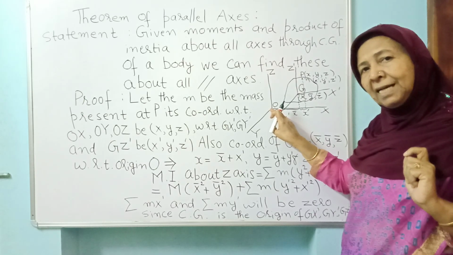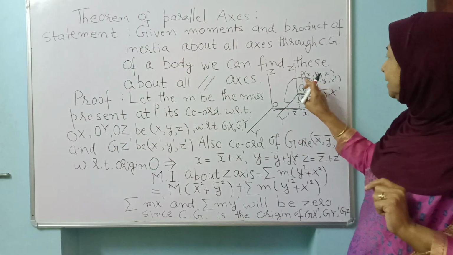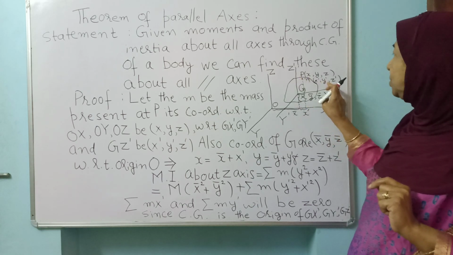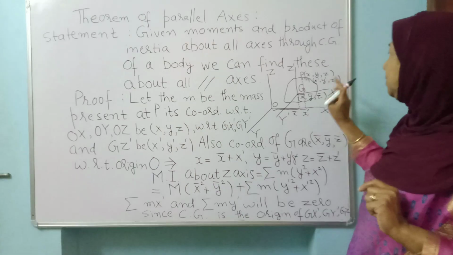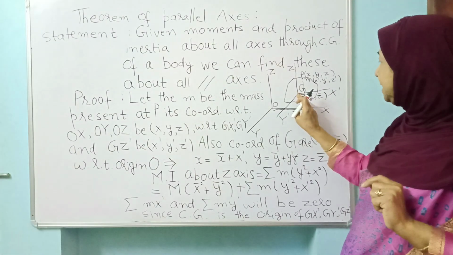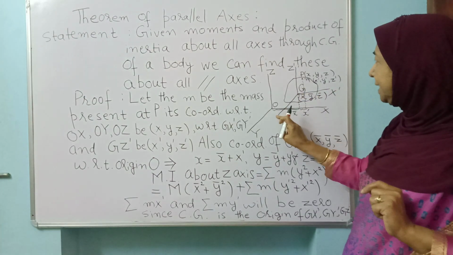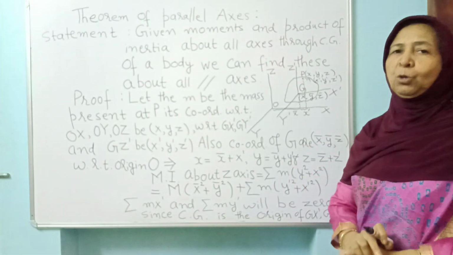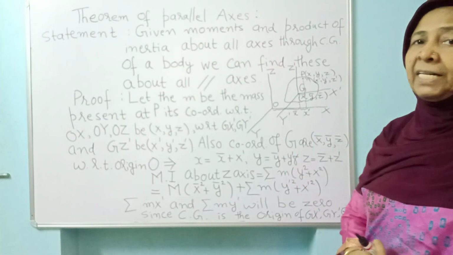What else? Let us assume that the coordinates of P are x dash, y dash, z dash with respect to gx dash, gy dash, gz dash. Okay, so what is our target?